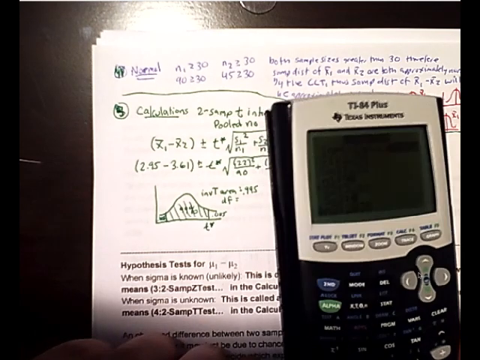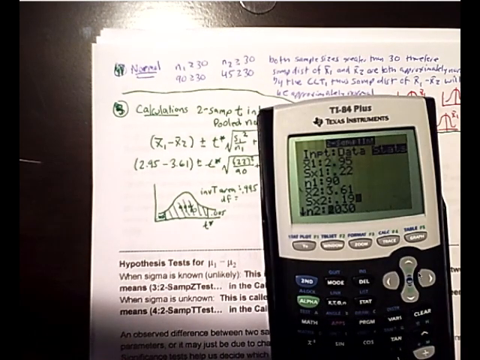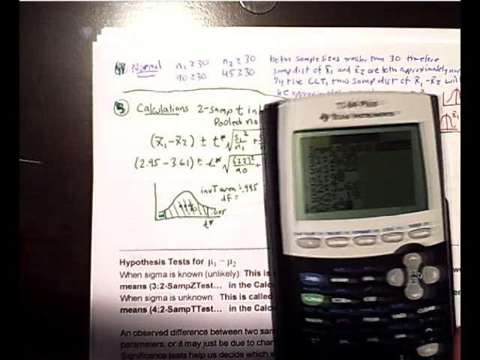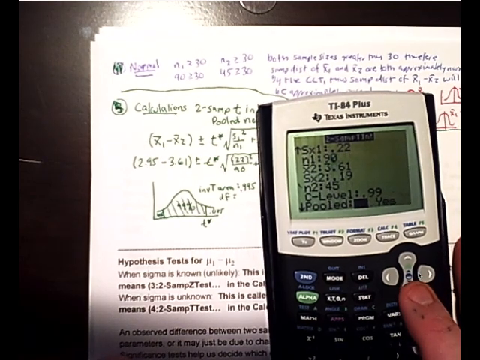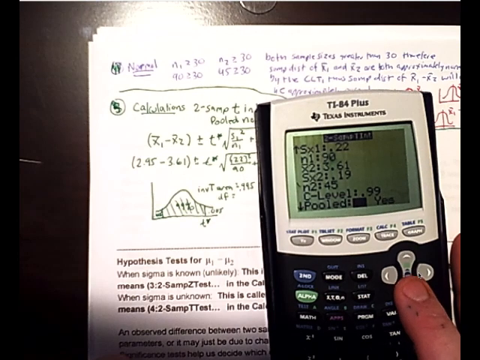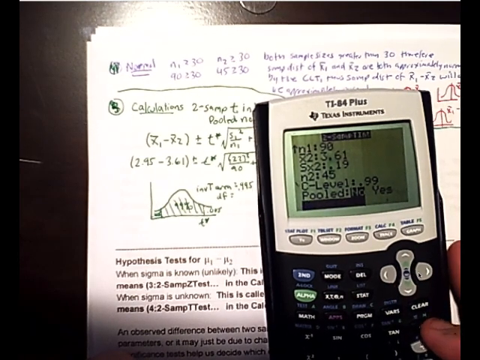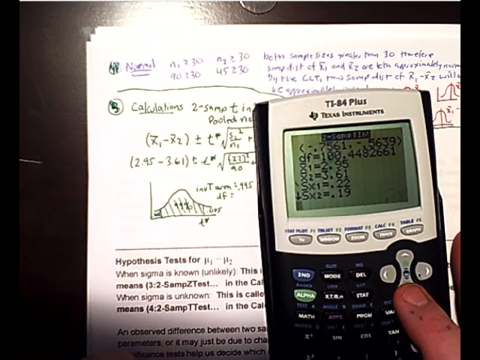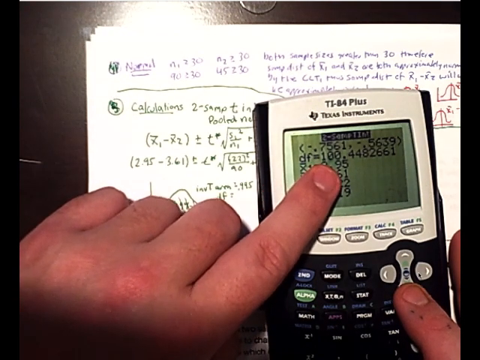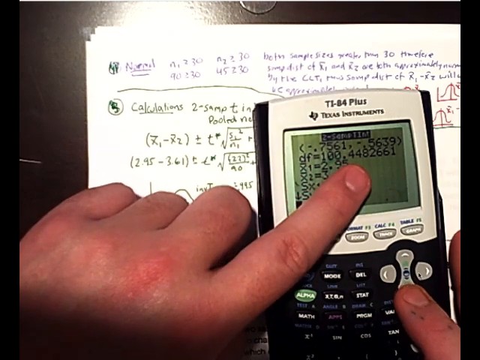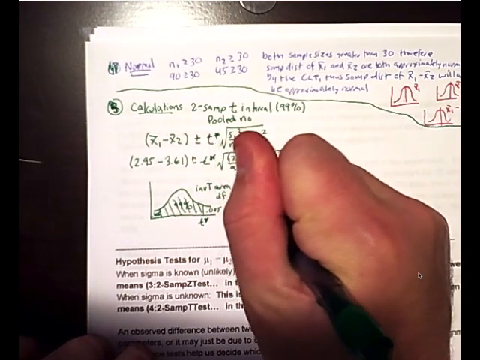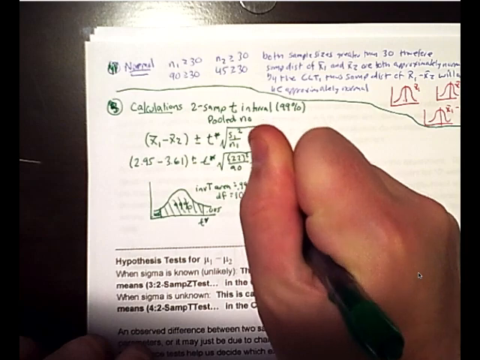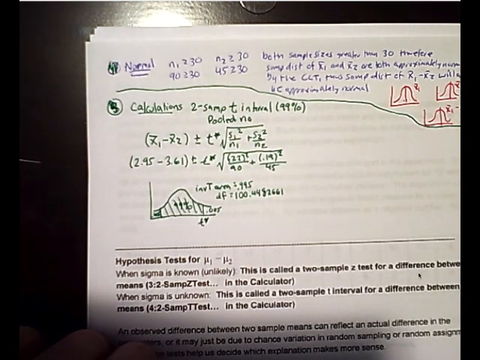Standard deviation is 19 cents, and the sample size there is 45. Confidence level 0.99. And we always have pooled no. Let's just calculate. When you actually hit calculate, it will tell you the degrees of freedom: 100.4482661.